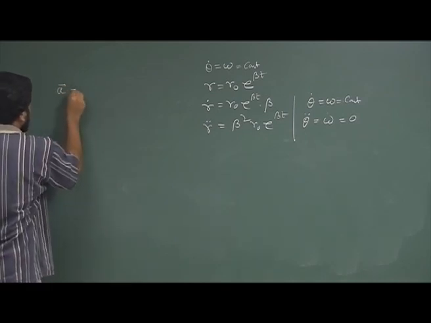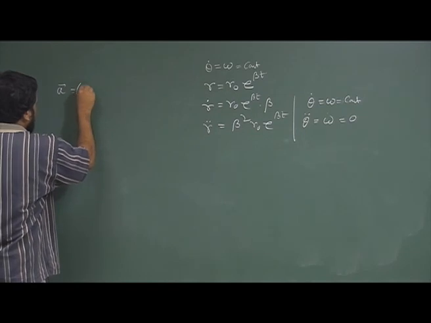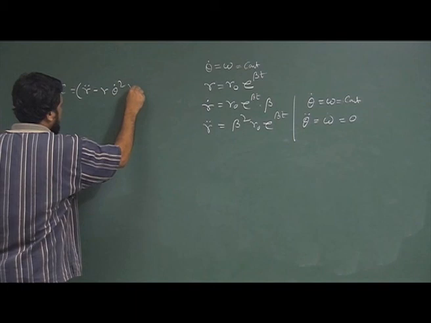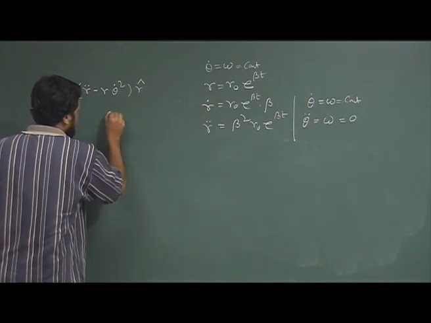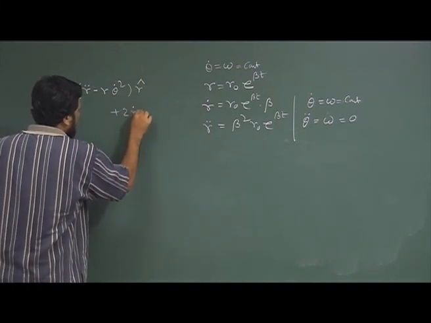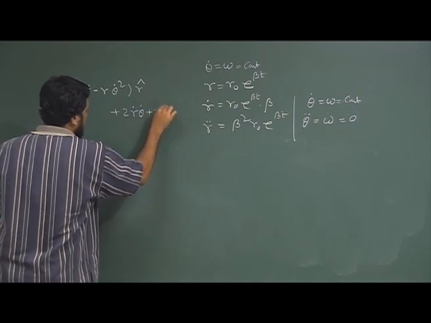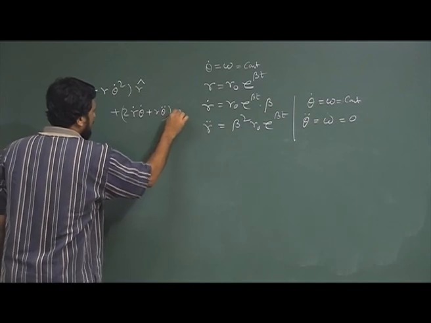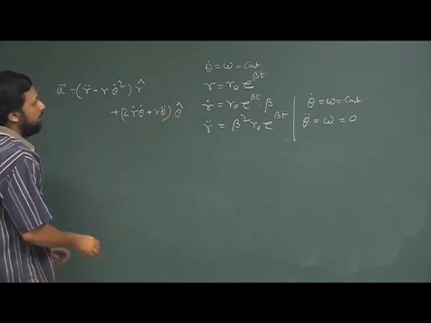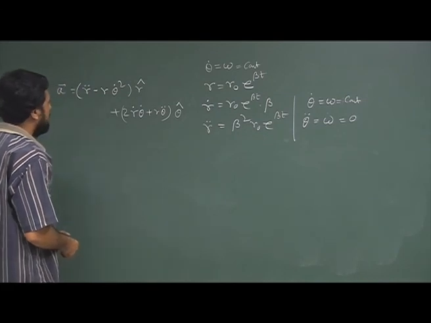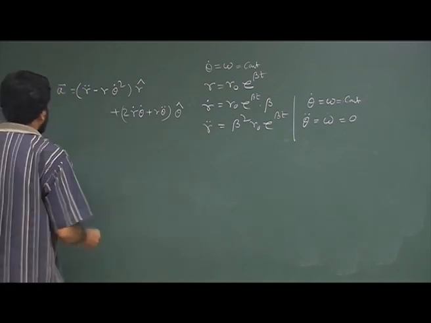So, we have A is equal to (r double dot minus r theta dot square) r cap plus (2 r dot theta dot plus r theta double dot) theta cap, right. Now r double dot, right.